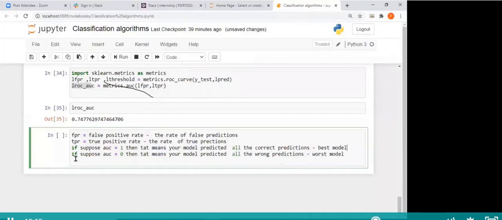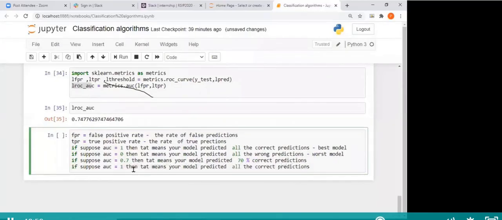Then suppose AUC ROC is greater than 0.7, that means your model predicted 70% correct predictions.